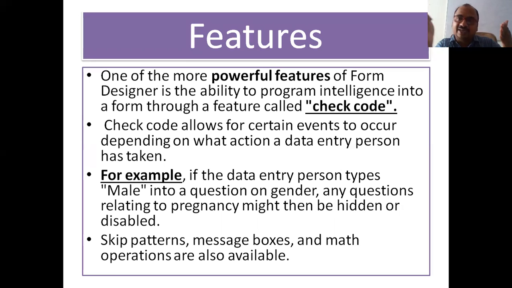If he enters male to the question on gender, any questions relating to pregnancy might be hidden automatically. Some questions like pregnancy, trimester, delivery, everything will be hidden automatically. If he clicks on male, they are hidden. If he clicks on female, then female related questions will come. This is called a check code. Okay.